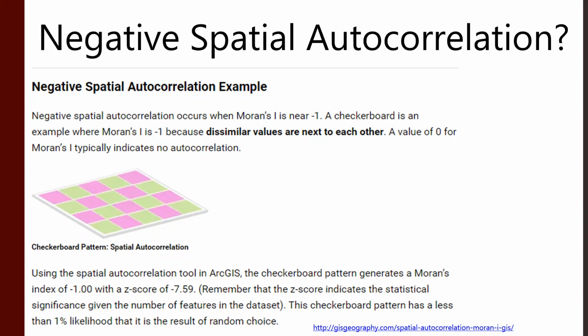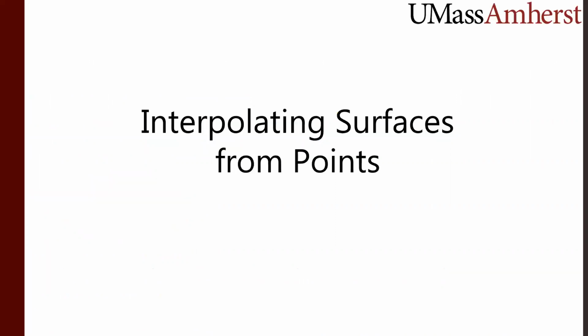And what that builds in us is a capacity to make evidence-based and statistically based inferences within our data sets. And that's something we can operationalize in GIS through our interpolation tools.